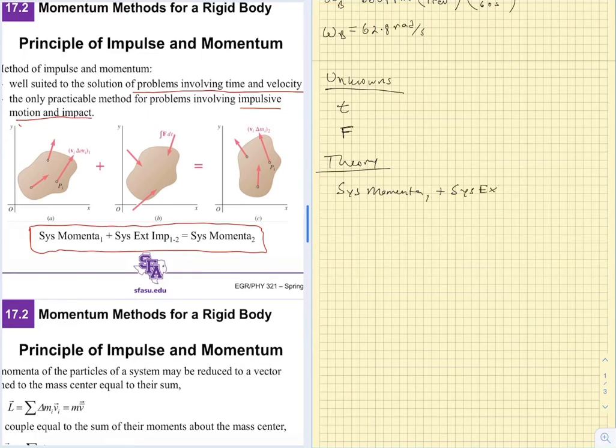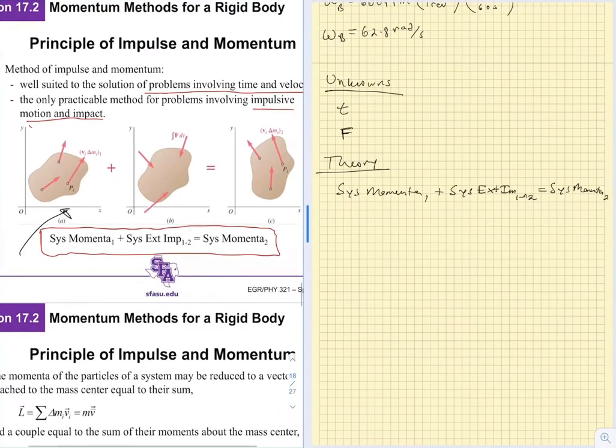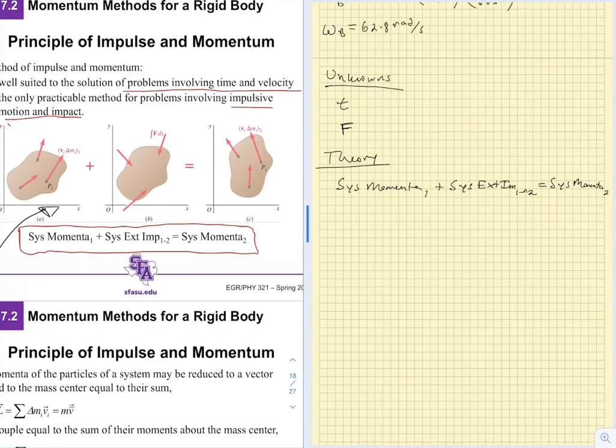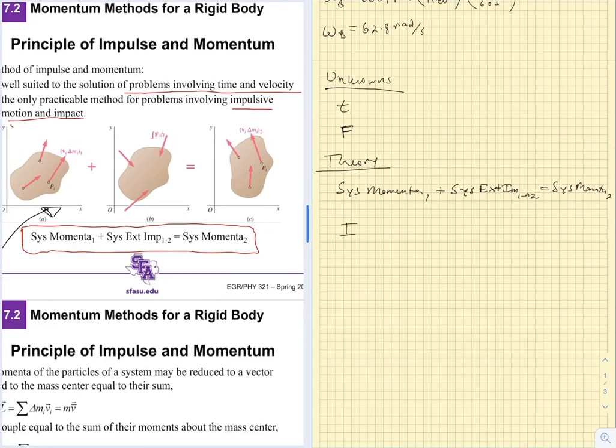All right, so let's think about this problem a little bit. Let's look at the theory here. As I had mentioned beforehand, we're going to be using our momentum method. The system momenta for state 1 plus the system external impulse from state 1 to 2 is equal to the system momenta at state 2.